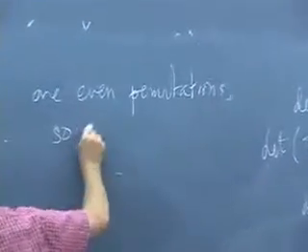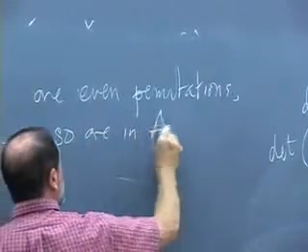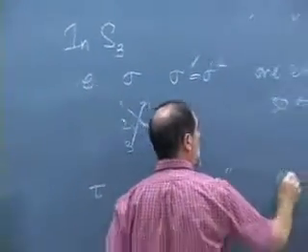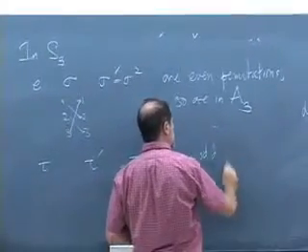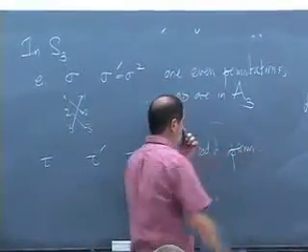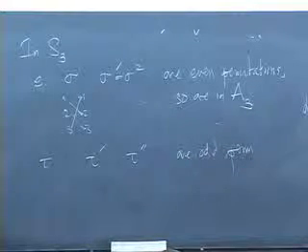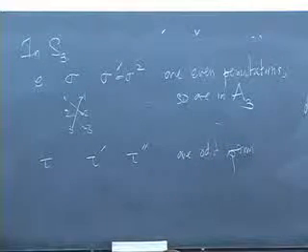So they are in the subgroup that I called A3, and tau, tau prime, and tau double prime are odd permutations. And you can check that by writing down the permutation matrices and taking their determinants.